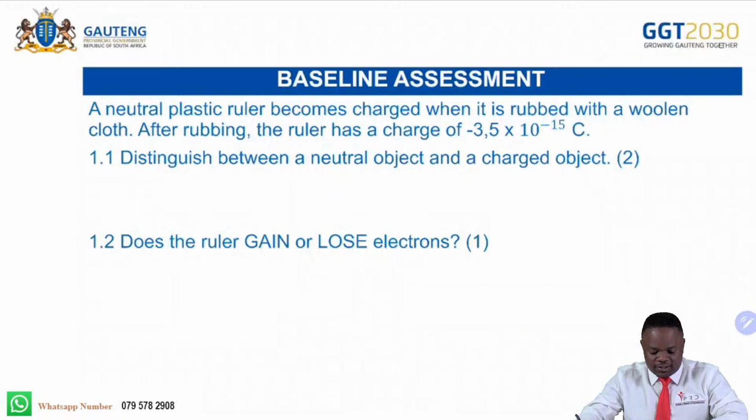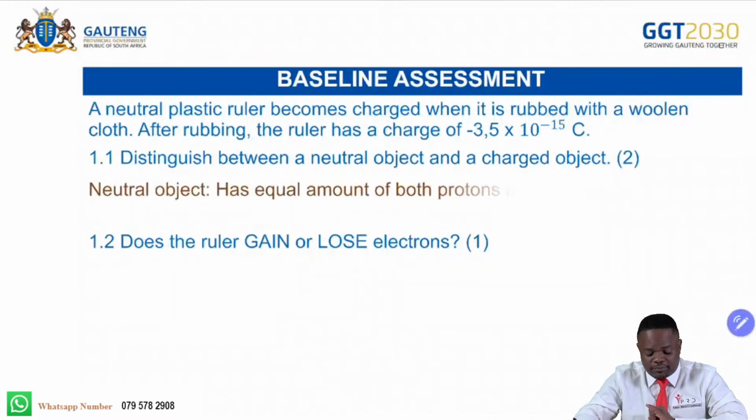Now, let us look at the question. A neutral plastic ruler becomes charged when it is rubbed with a woolen cloth. After rubbing, the ruler has a charge of negative 3,5 times 10 to the power negative 15 coulombs. Now distinguish between a neutral object and a charged object.